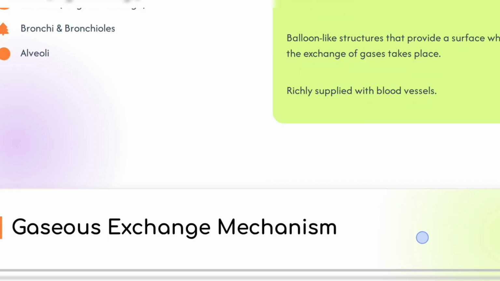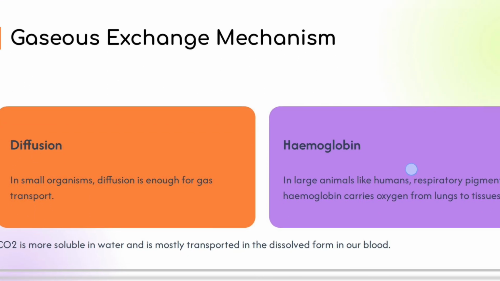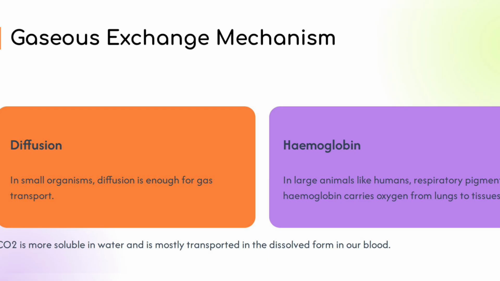Now next we will study the gaseous exchange mechanism. How does gas exchange actually happen? In small organisms, simple diffusion is enough for gases to move in and out.